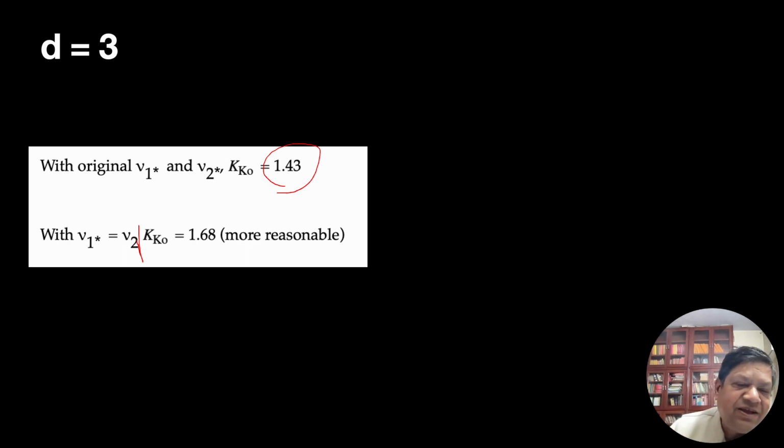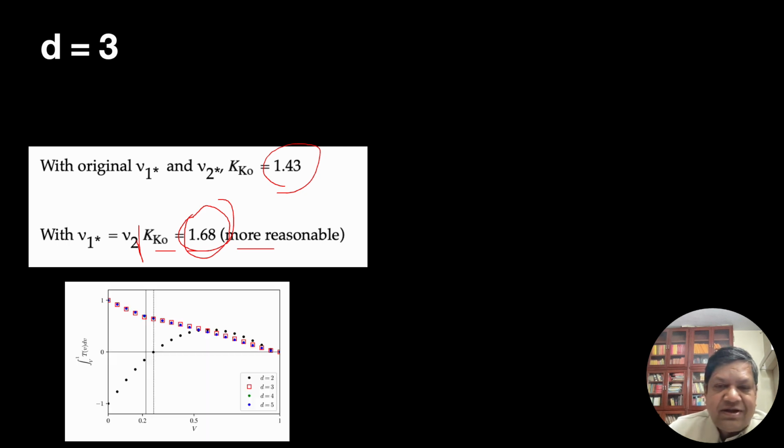If that is the case, then the Kolmogorov constant will be 1.68. This is more reasonable; 1.6 is the most believed Kolmogorov constant. And it turns out for higher dimensions too, the Kolmogorov constant roughly follows a similar pattern. There's slight variation, but for d equal to 2, 3, 4, 5, the line is here.